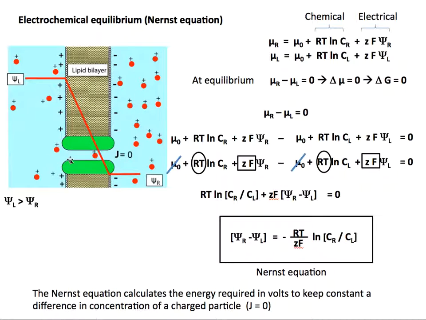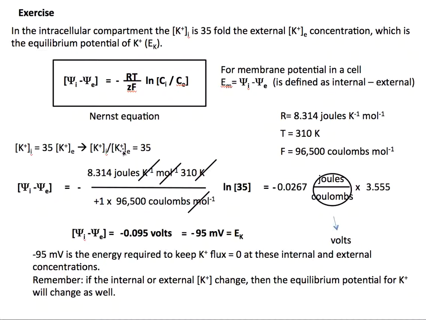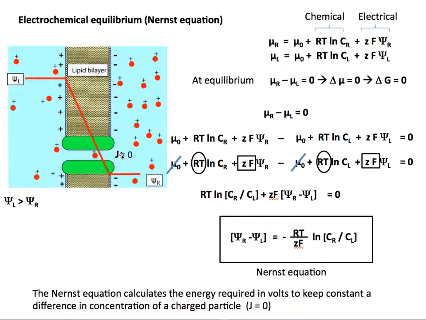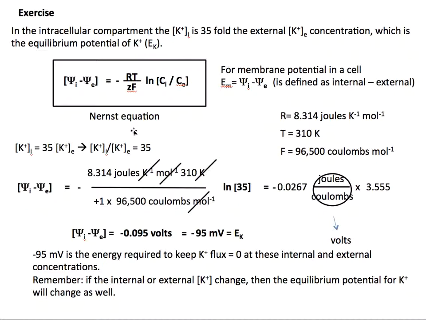Well, if you have negative 95 millivolts, according to this calculation, you can have a flux of 0. You can keep it at 0 if your voltage is negative 95 millivolts inside. And that's what the Nernst potential tells you. It gives you the potential you need in order to keep the flux at 0 for a given concentration ratio.